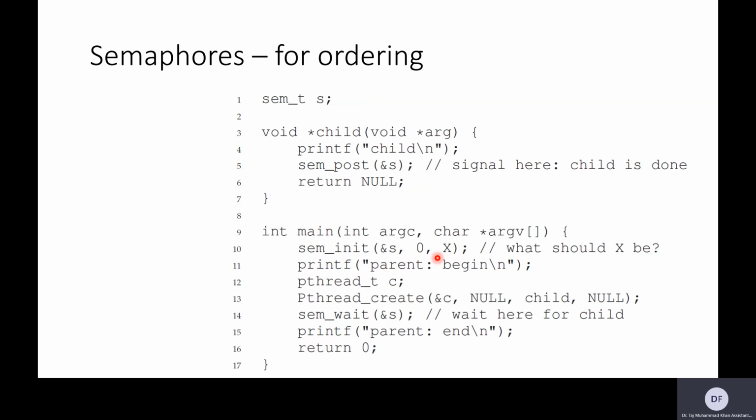The main thread will initialize the semaphore, it will create the child thread, and then it will call semwait on this semaphore S. Here we want the main thread, if the child has not finished, to sleep and wait until the end of the child thread.